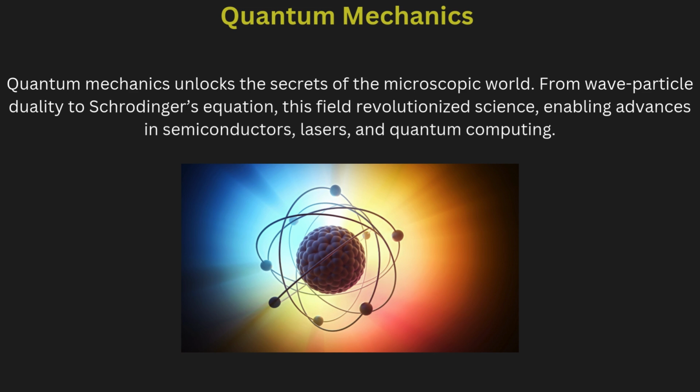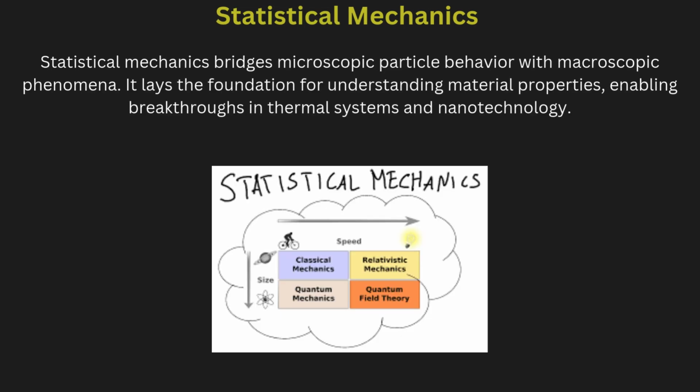So now the statistical mechanics. Statistical mechanics connects microscopic particle behavior to macroscopic thermodynamic properties. It introduces the microstate, macrostate, and the concept of the density of states. Three major statistical distributions, Maxwell-Boltzmann, Fermi-Dirac, and Bose-Einstein, explain the behavior of classical gases, electrons, and photons, respectively.